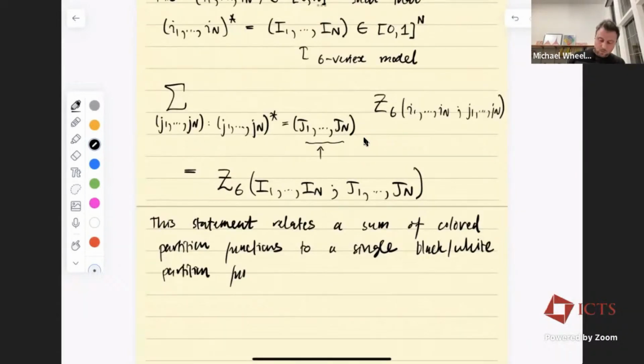So here you're going from n colors to 2 colors. Can you do a slightly more general thing where you go from n colors to m colors with m strictly less than n? Yes, absolutely. You can do that as well.